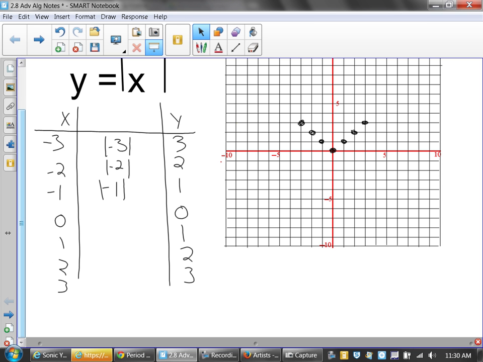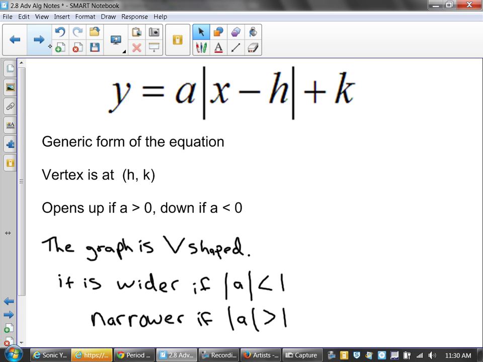All right. Now, every single absolute value graph, no matter what we do, shares the same properties. And these properties are as follows: A, H, and K. I'm going to explain to you what all of these parts mean.